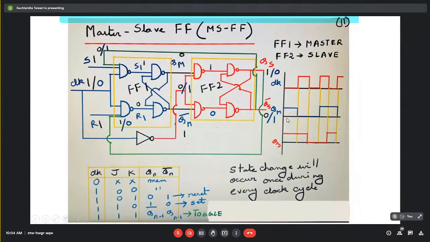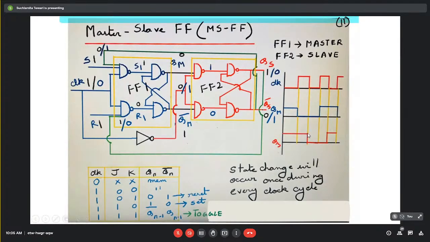So here, if we try to draw this timing diagram for this entire clock period, you see QM is changing when it is going high. Here it is dropping from its previous value 1 to 0, and it won't reflect this to the output. So it will maintain its previous value.